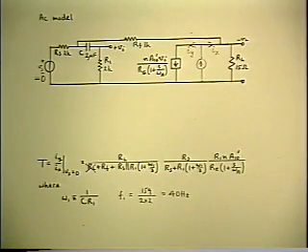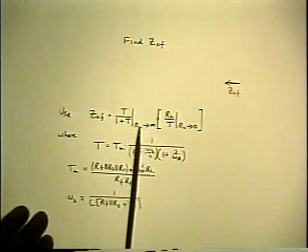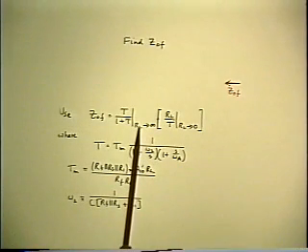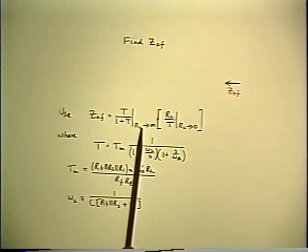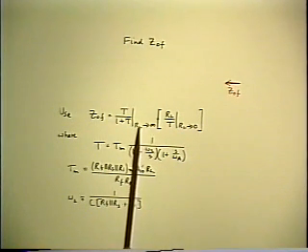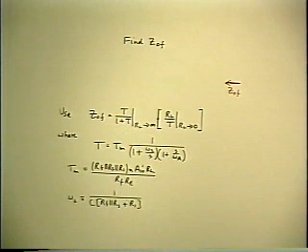How did we evaluate the output impedance? We used a formula that required us to let RL go to infinity. If we've already dropped RL compared to something else added to it, we're not allowed to let it go to infinity. That invalidates the approximation.